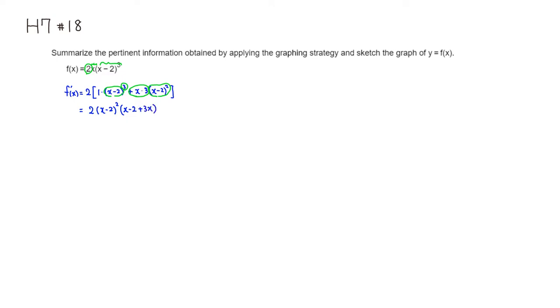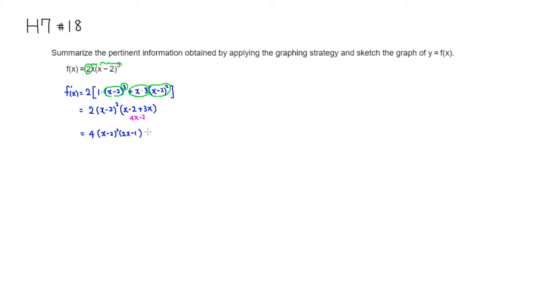Then this simplifies to 4x minus 2, and both of them are even numbers, so we can pull out the 2 here. The 2 was already originally there, so it's 4 times x minus 2 squared, and you pull out 2, so 2x minus 1.